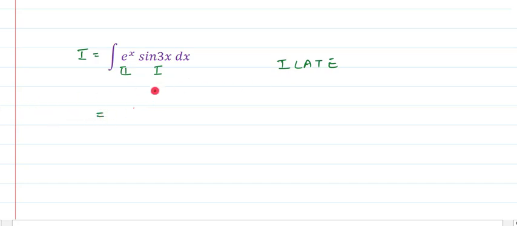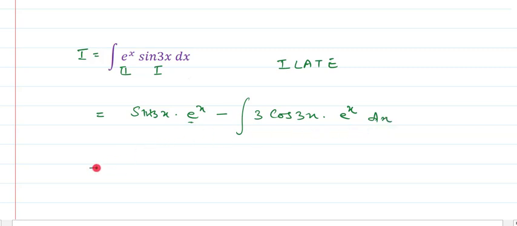So using the same, first function, it is sin 3x into integration of second, which is nothing but simply e power x, minus integration of differentiation of this, you know, it is 3 cos 3x into integration of second, which is simply e power x into dx, which is equal to sin 3x into e power x minus, taking 3 outside, and it is again e power x cos 3x dx.